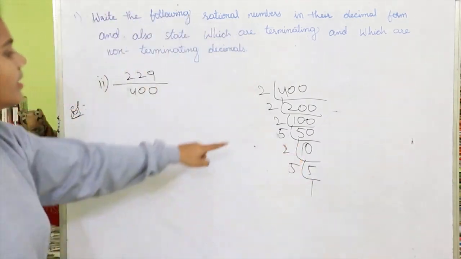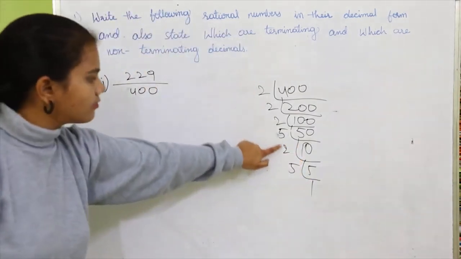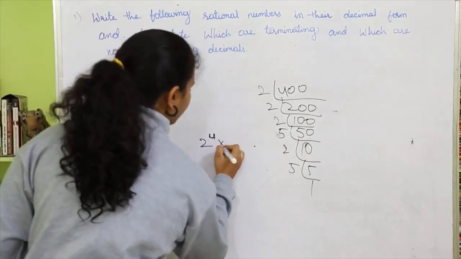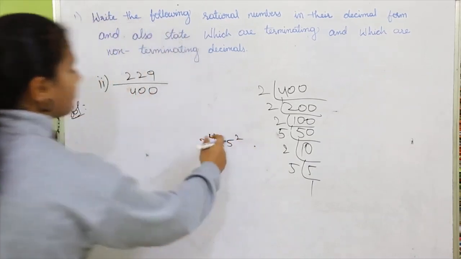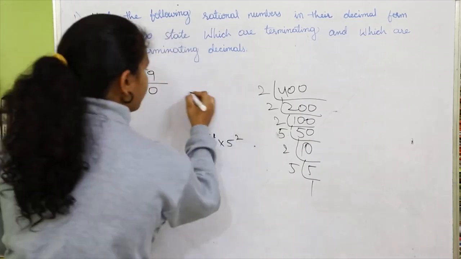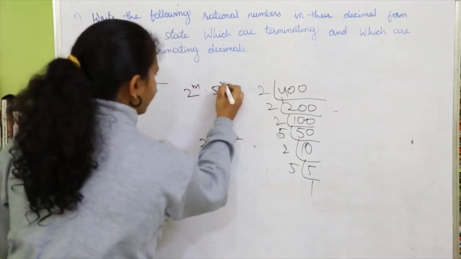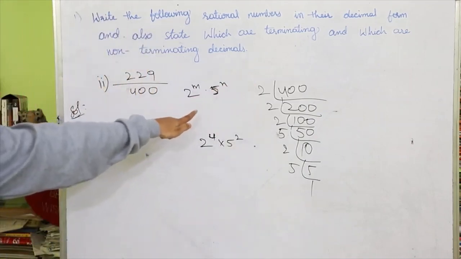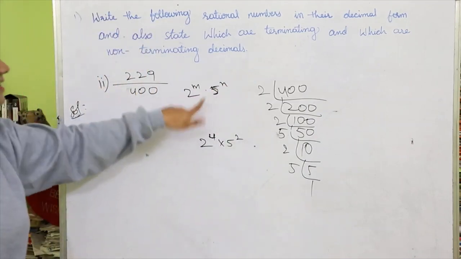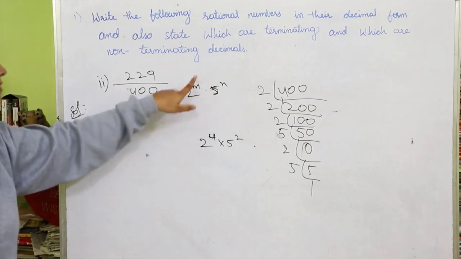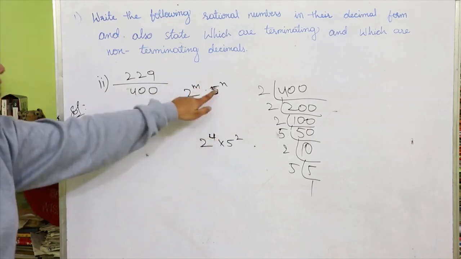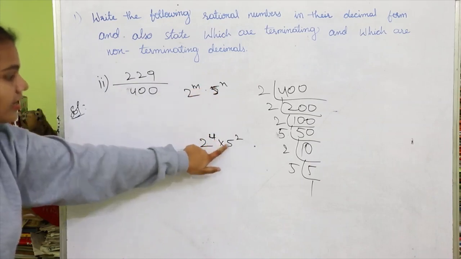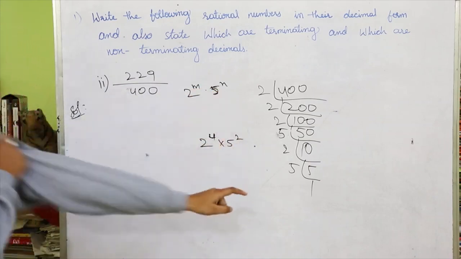So we got 2^4 × 5^2. Is this in the form of 2^m × 5^n? Yes, very good. Here m is 4 and n is 2, so this is in the form of 2^m × 5^n.